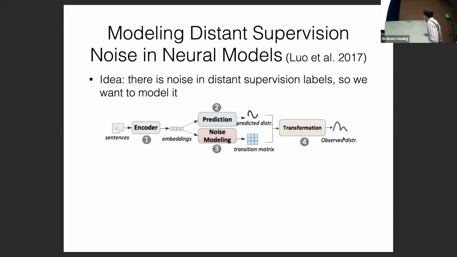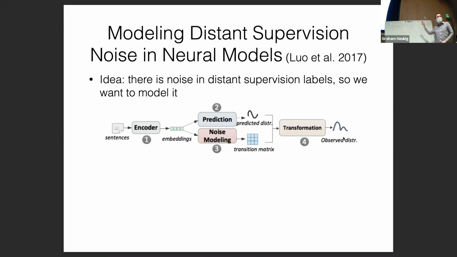So you might have predictions like, I think these two entities are in the employed by relation, these entities might be in the president of relation or director of relation. And you have this big transition matrix that basically models the noise that you might have.